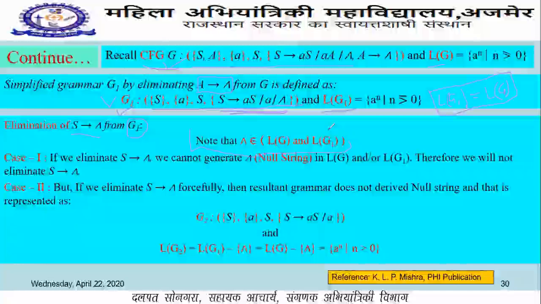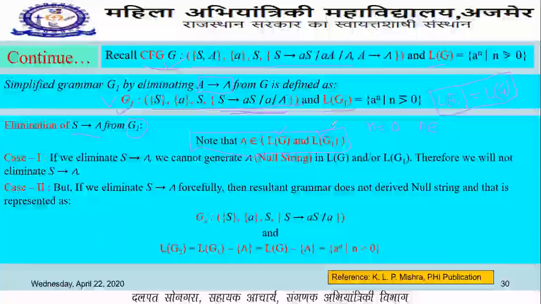Look at the language of G and G1: both contain the null string, because when the value of n is 0, it gives us the null string. Means null belongs to both L of G and L of G1. Therefore, we cannot remove S tends to null from the grammar G or G1.